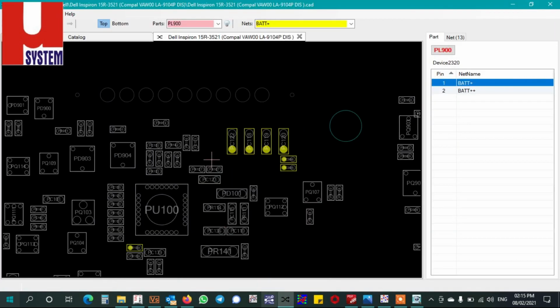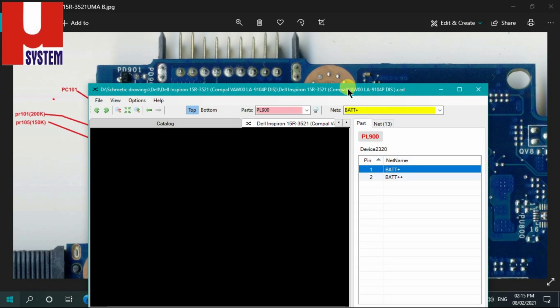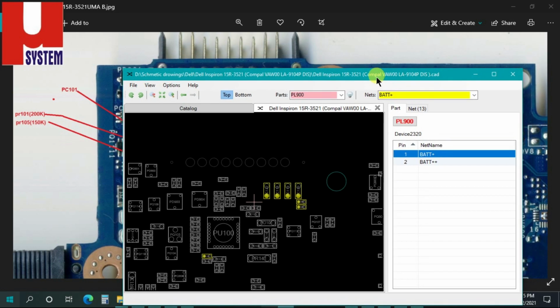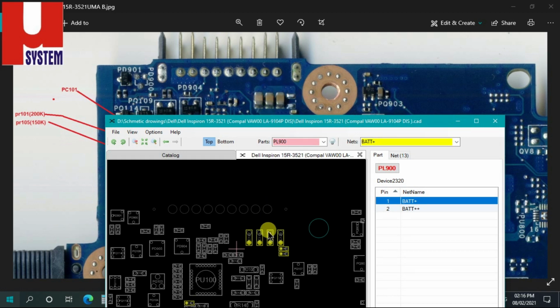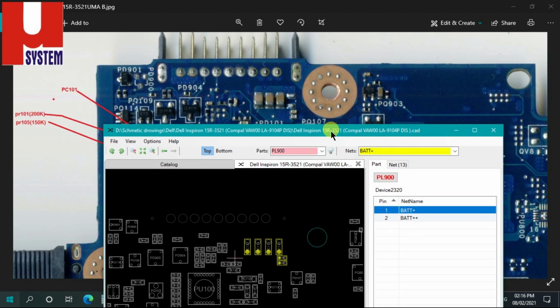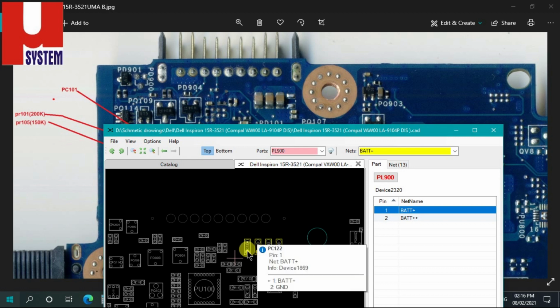According to the board view, you will be able to see over here. These 3 PF are connected. This 4 PF, 1, 2, 3, 4 and 5. These are the PF positions over here. According to the picture, you can see over here. So this is also showing me that this is battery plus and this is ground.